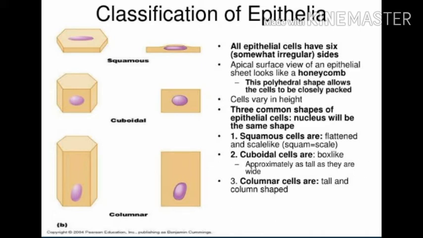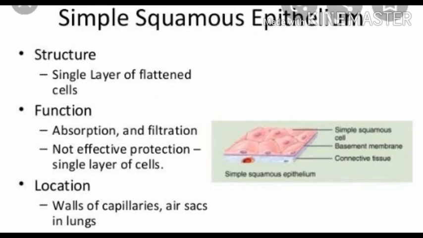Let us look at these one by one. The first type, squamous epithelium or simple squamous epithelium, as the name says, squamous means scale-like. These are highly flattened cells which are closely packed.